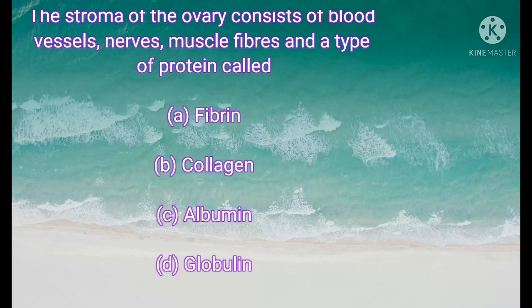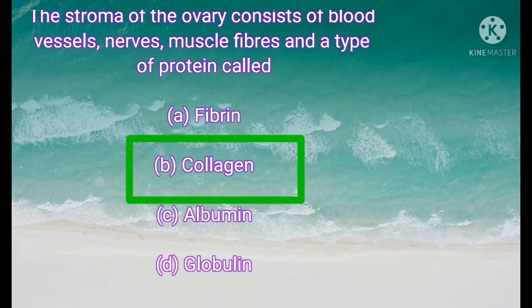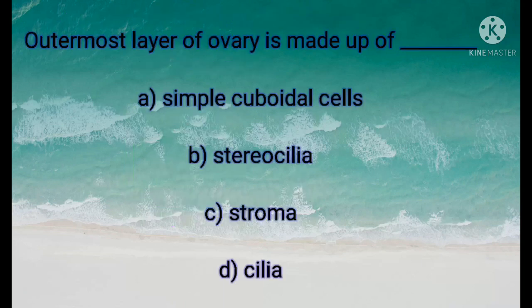This protein is present inside the stroma of the ovary. And because of this, the right answer is collagen, that is option B. Option B is the right answer here. The collagen fibers are present inside the stroma, which is present in the ovary.